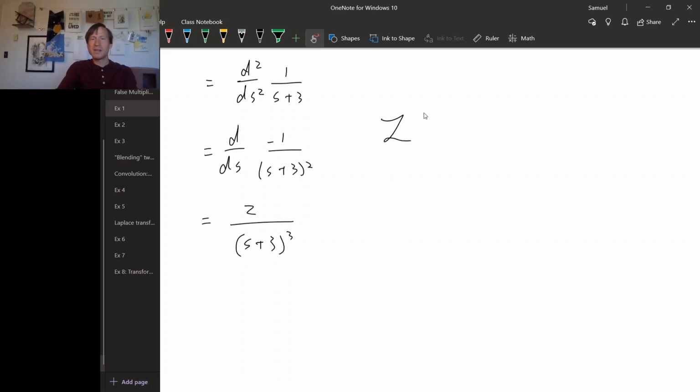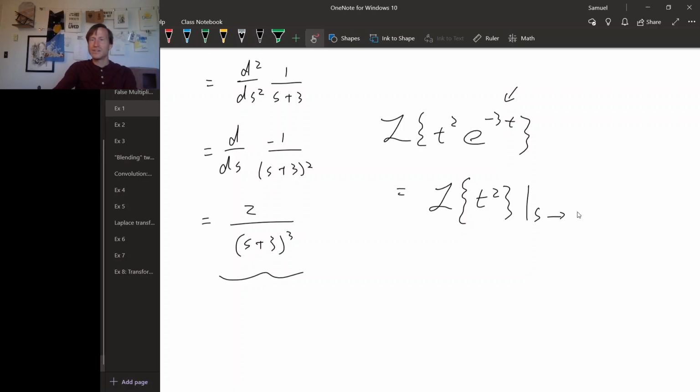And if you work out the Laplace transform of t squared times e to the minus 3t using our shift formulas for the Laplace transform, this is indeed what you get. Multiplication by an exponential on the inside is a shift in s on the outside, so this is the Laplace transform of t squared, but then shifted: s gets replaced by s minus the coefficient in the exponential, so minus minus 3, so s plus 3.